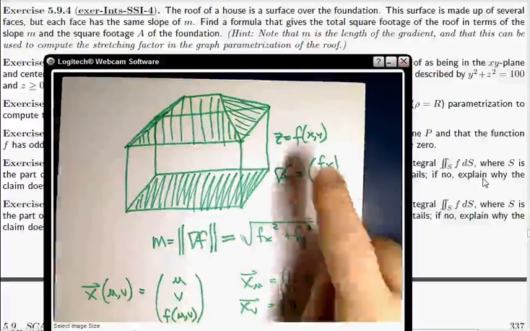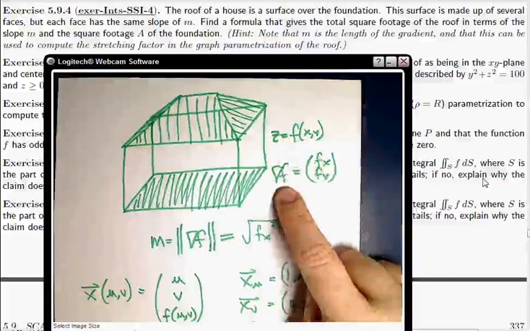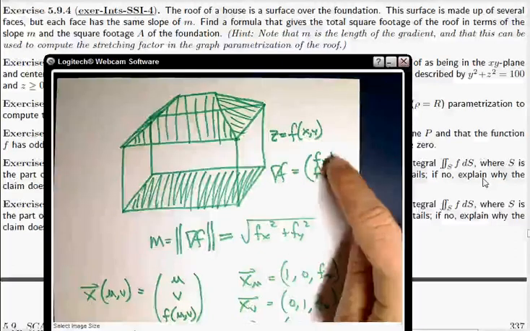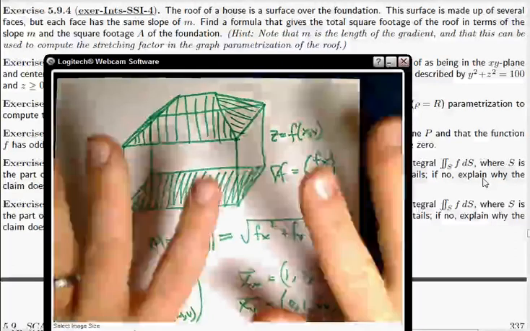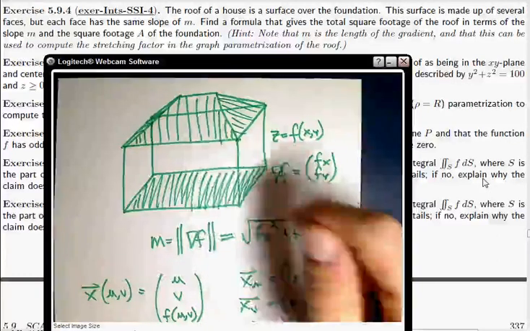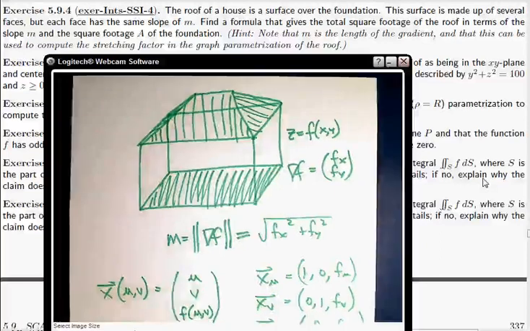So the function f itself has two input variables and one output variable, and the definition of gradient is that you take the partials with respect to just the input variables. So it's a three-dimensional problem. But that surface is the graph of a function of two variables. Again, this is the graph. The precise nature of what is a graph versus what's a level set, etc., is critical in this problem.